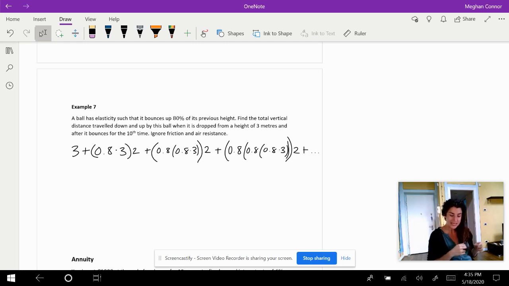So your book wants to count your first term as 2.4, but I don't agree with that. I think your first term is 3. Hold on one second while I double check something.